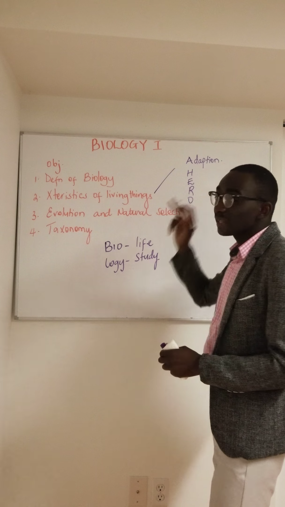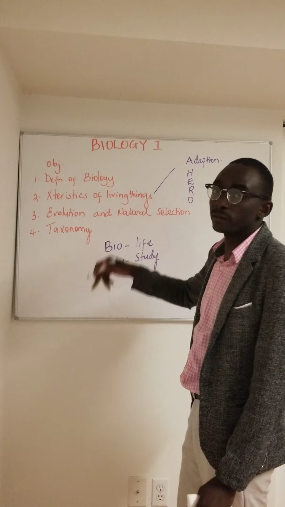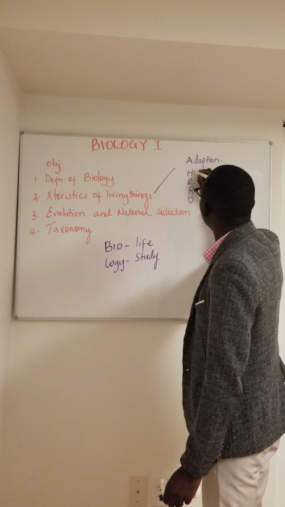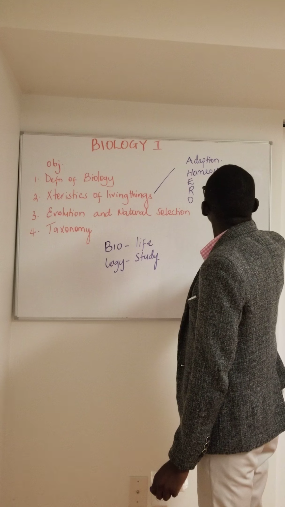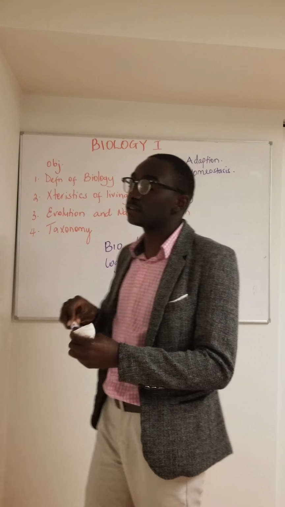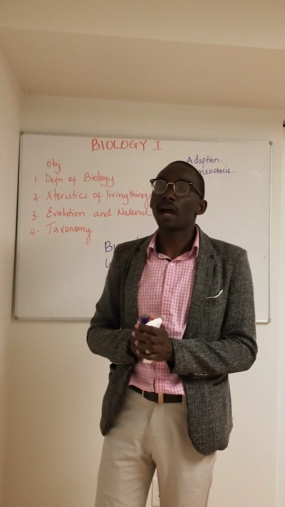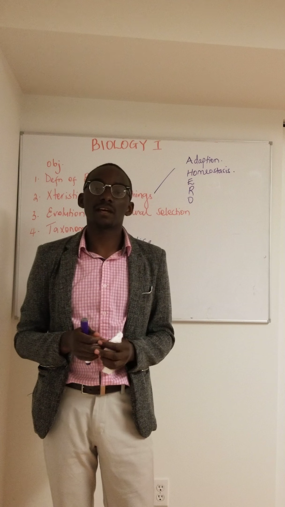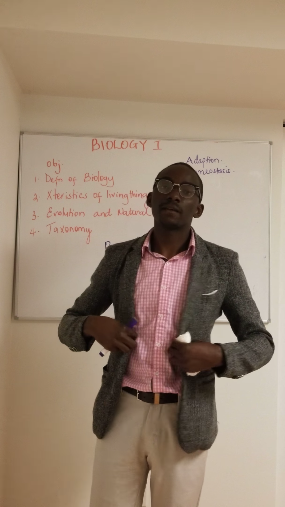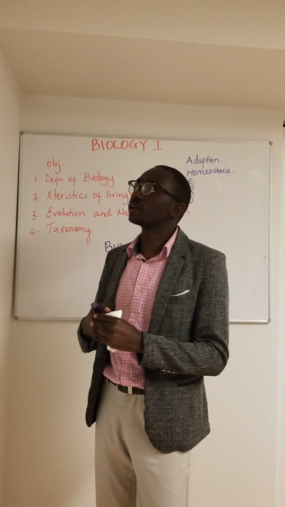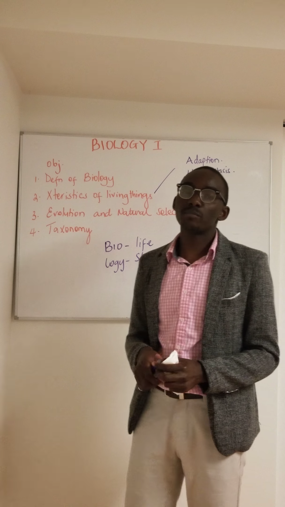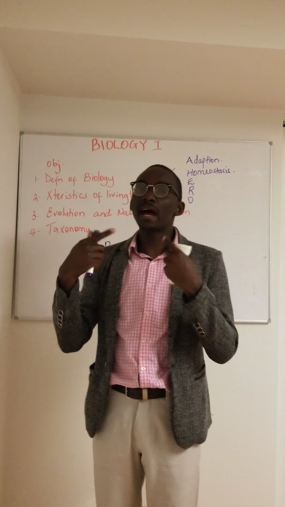So our second characteristic of living things is H for homeostasis. Homeostasis is just a state of balancing both the external and internal environment. Animals, to use human beings, we breathe in and out.